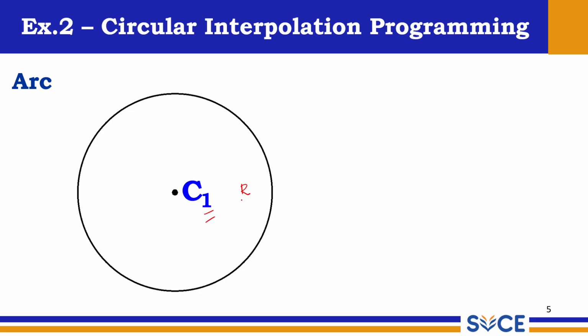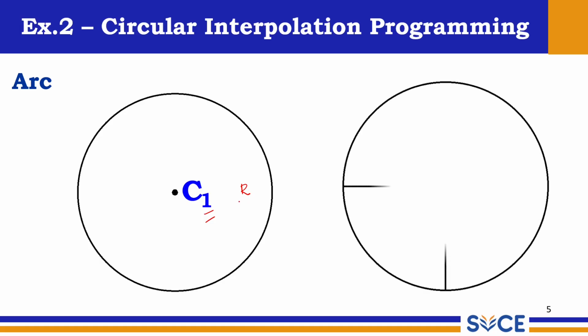In robot programming we never consider the diameter; we always focus on the radius. Now let us cut this circle into 4 quadrants and consider only this particular quadrant, and discard the rest.